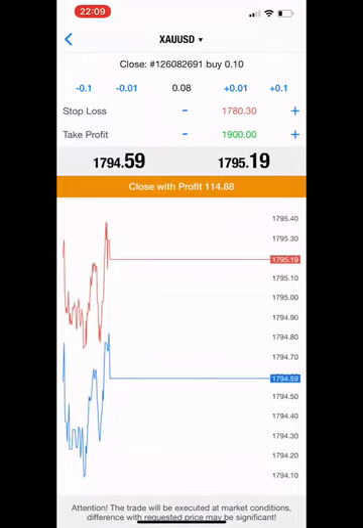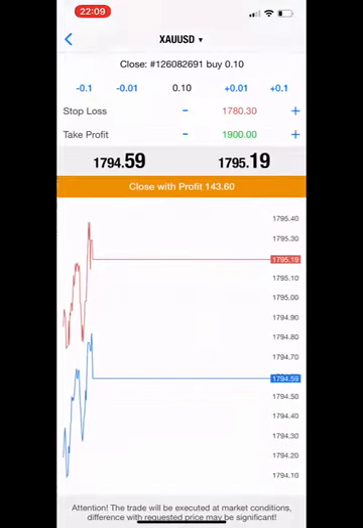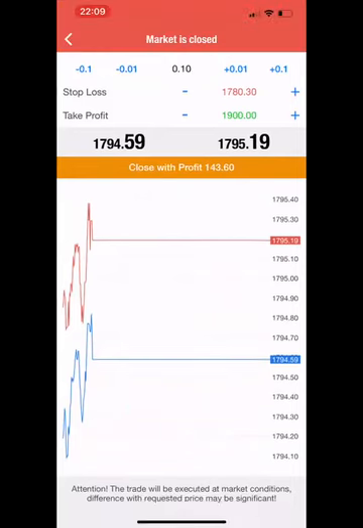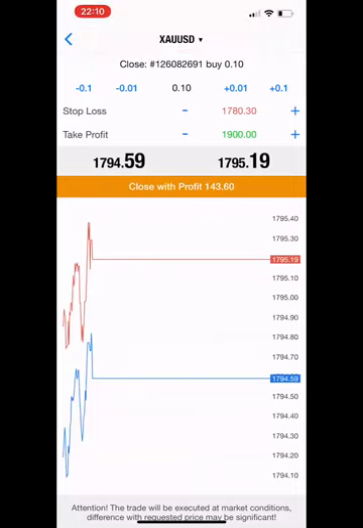However, because I entered this trade at 0.10, if I just choose to close without reducing my lot size, it will just take me out of the trade with the profit. But taking partial profit is you have to reduce the lot size, and then it gives you the option of how much profit to take.